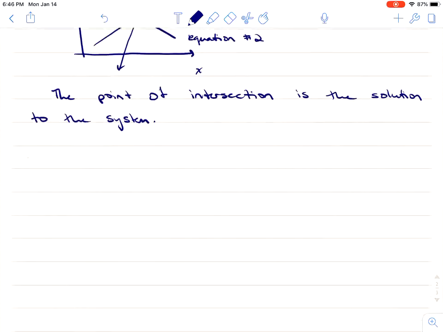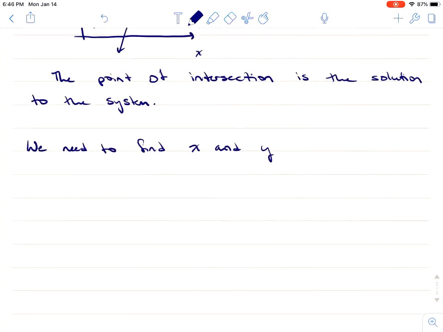So we need to find x and y that satisfy both equations at the same time.